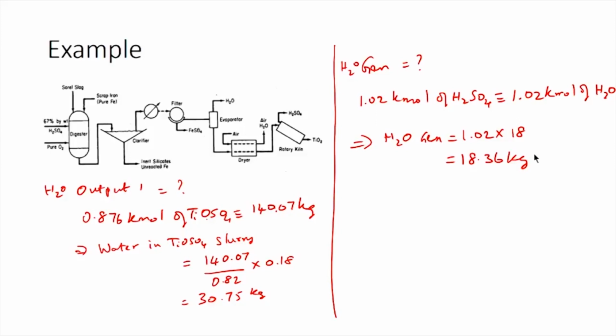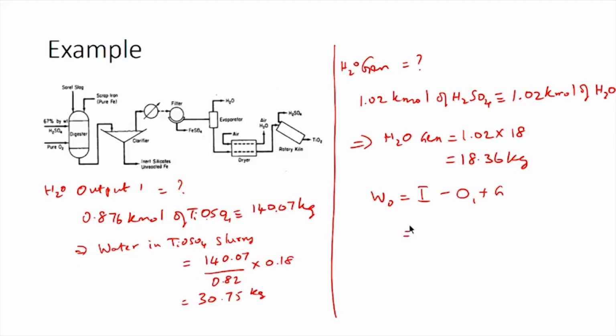So, now that we have all these terms, we can calculate the amount of water leaving in the form of water vapor from the evaporator. So, let us call that W out, which would be input minus output 1 plus generation.